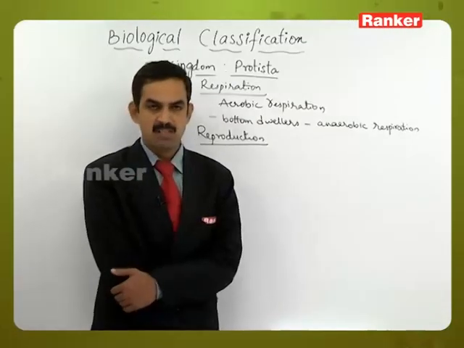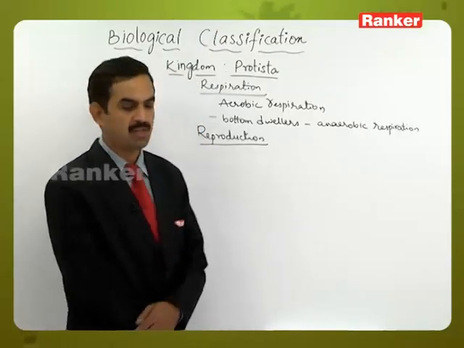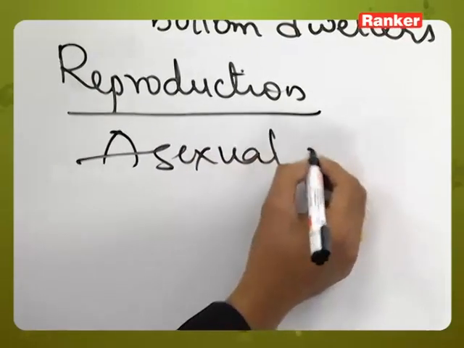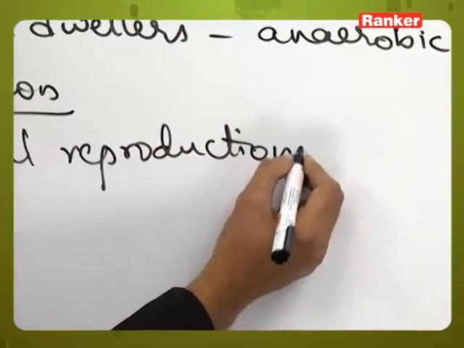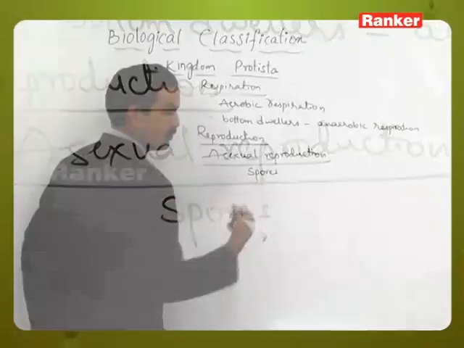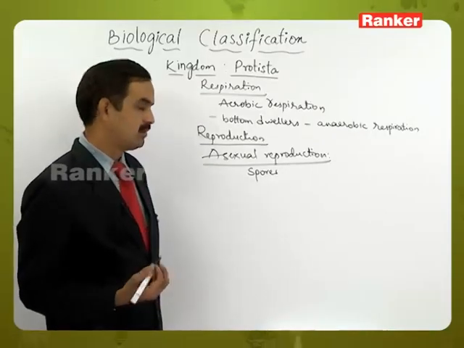The protistan members will exhibit asexual reproduction and sexual reproduction. Let us see how the asexual method of reproduction is done by these members of Protista. They perform asexual reproduction by a special type of structures called spores. These spores are liberated from the parent.